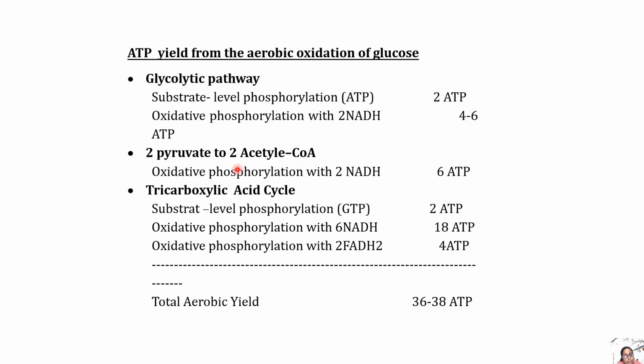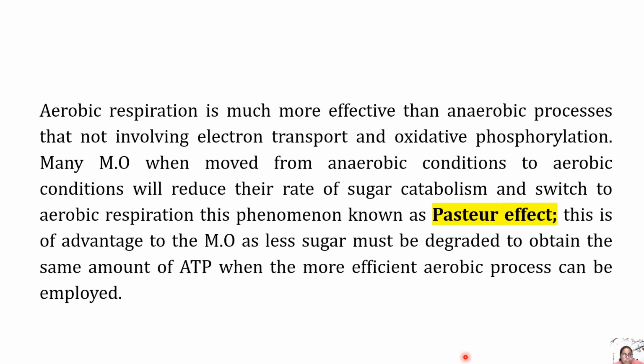And then in the TCA cycle, there are 2 ATP generated from substrate level phosphorylation, and oxidative phosphorylation with 6 NADH will give rise to 18 ATP. Oxidative phosphorylation with 2 FADH2 will give rise to 4 ATP. So the total aerobic oxidation of glucose yield will be 36 to 38 ATP.